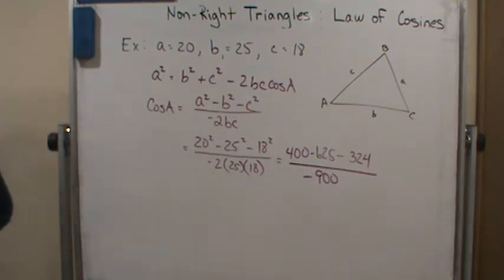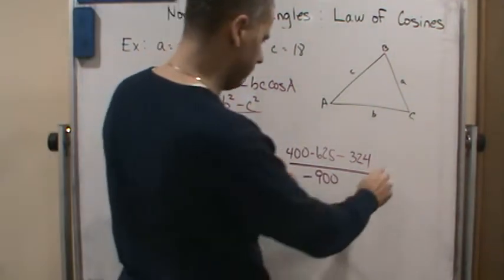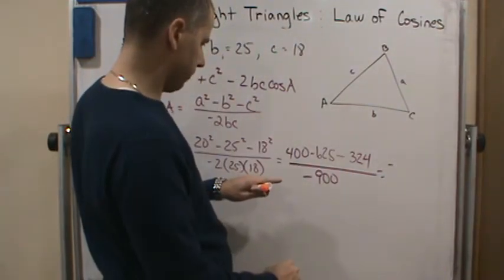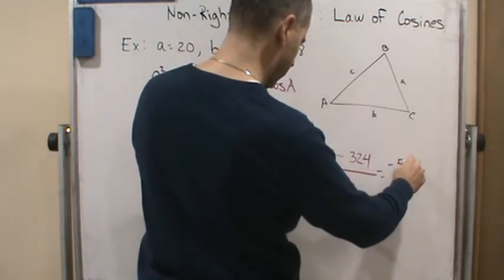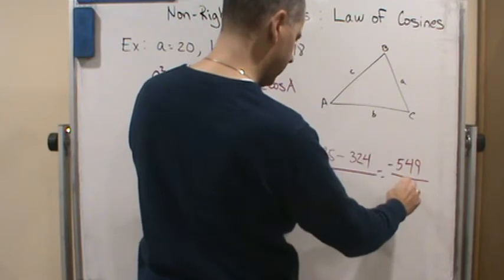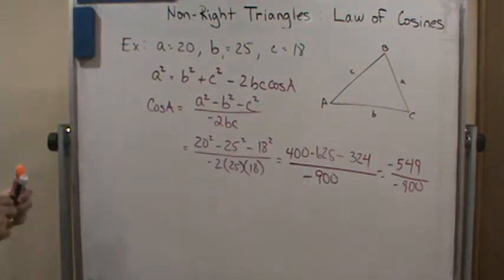Now the top is going to become negative. So this is going to be negative 549 over negative 900.